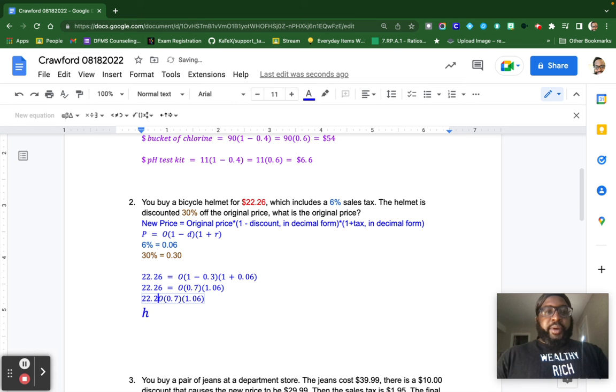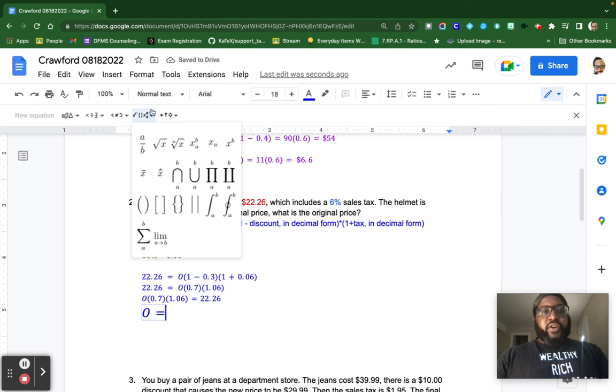The good thing about an equal sign is I can literally change the problem around based on where the equal sign is located. I can do that because both sides are equal. Now, what I'm going to have is O for original price. That's my variable. Then I'm going to create a fraction.